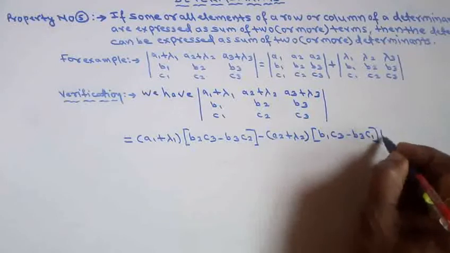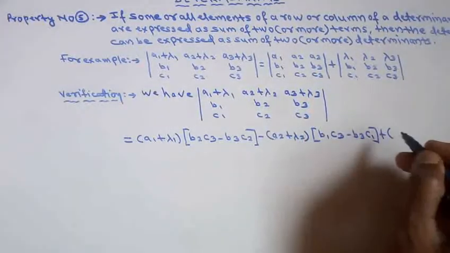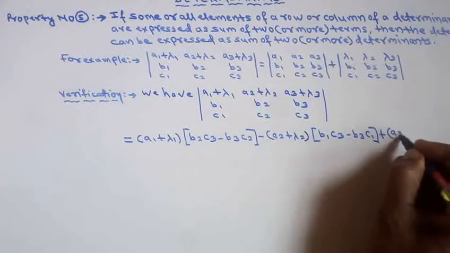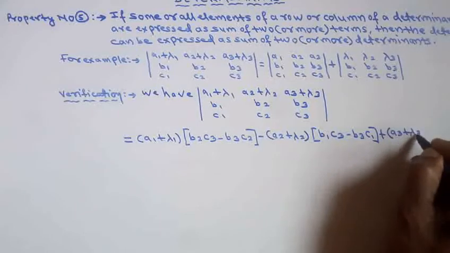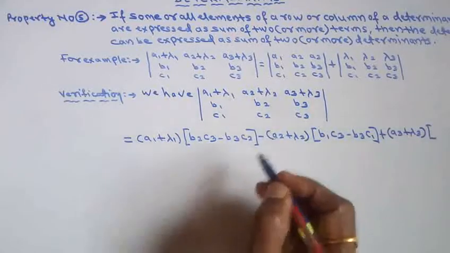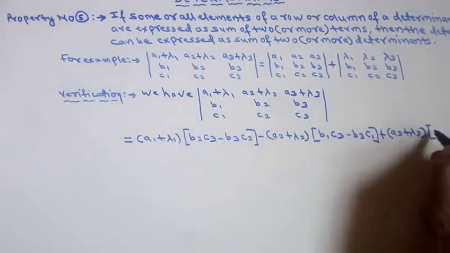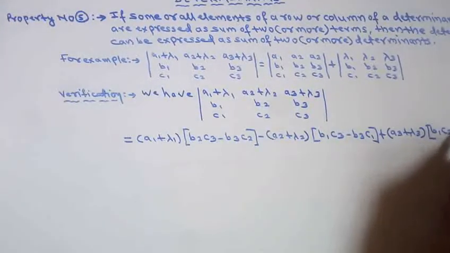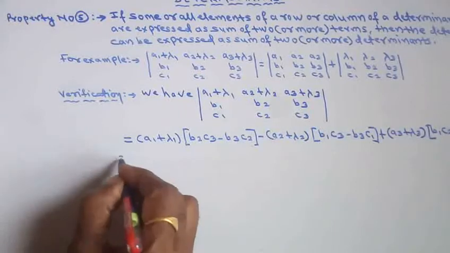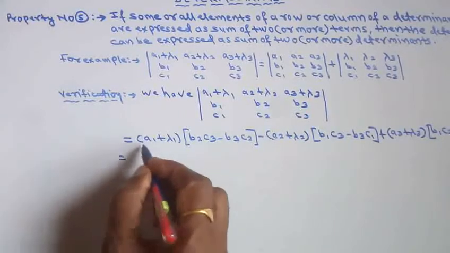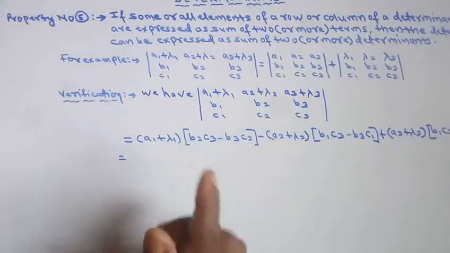Okay, then plus a3 plus lambda 3 into, leave this row and this column, so b1 c2 minus b2 c1. Okay, so here a1 plus lambda 1 is multiplied with this bracket, so I am separating this.